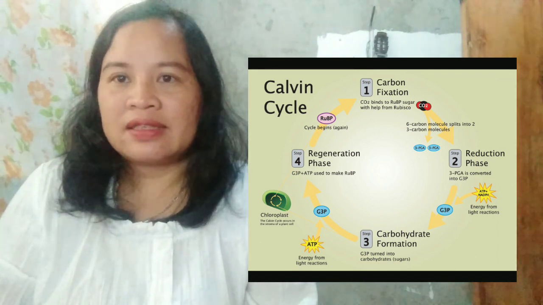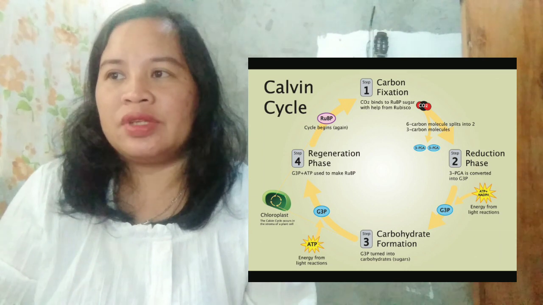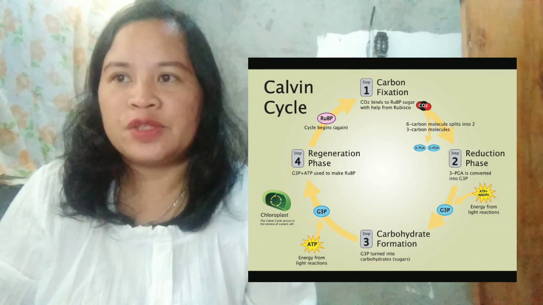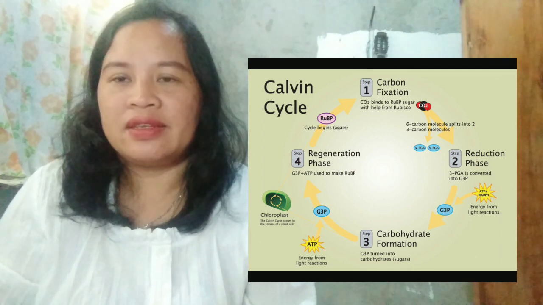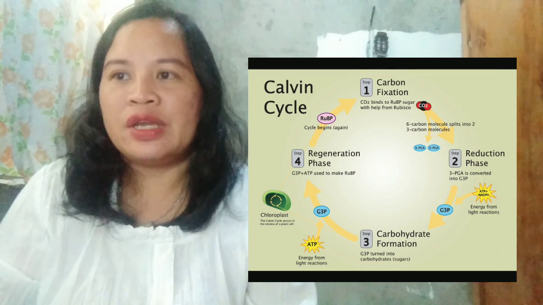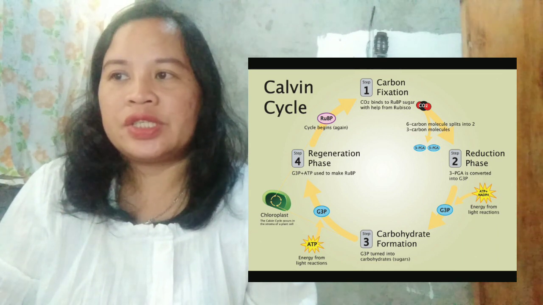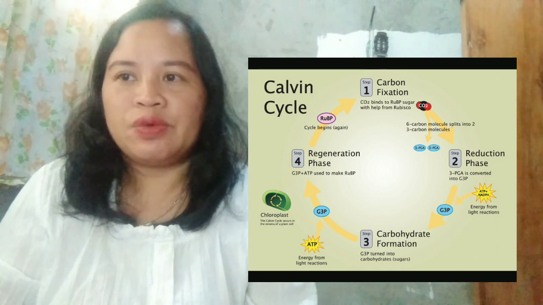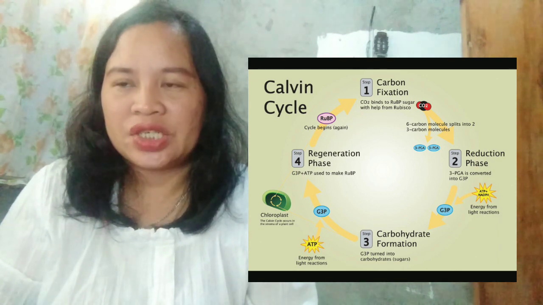The resulting 6-carbon molecule is unstable and splits into 2 molecules of 3-phosphoglycerate.